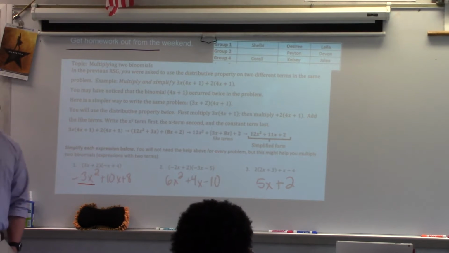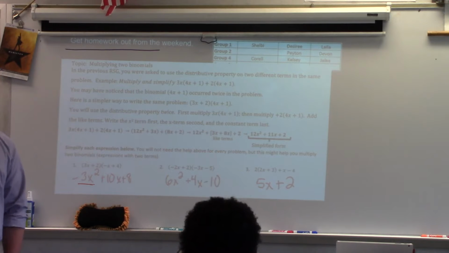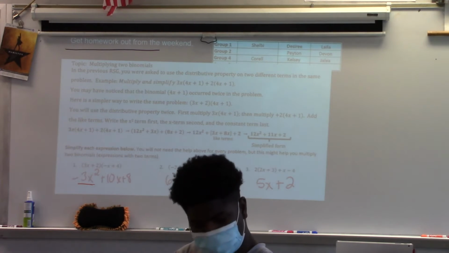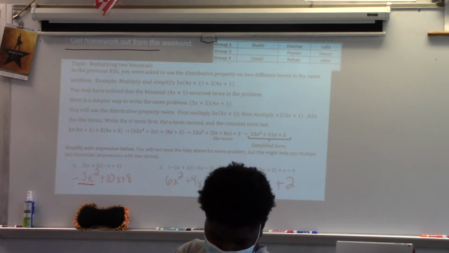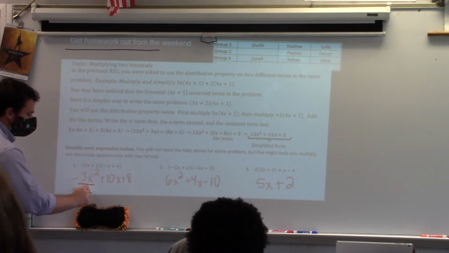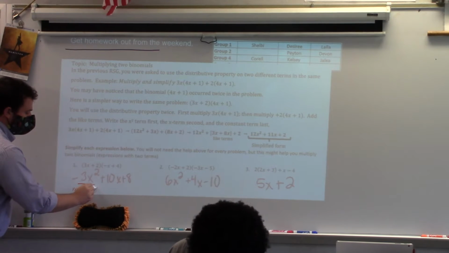You know how Judaism, Christianity, and Islam are all monotheistic religions? Mono meaning one. So when you have one term, it is a monomial. My church is non-denominational.